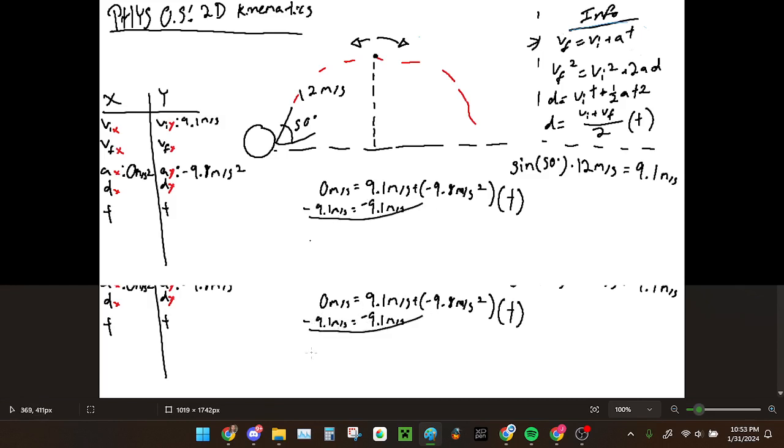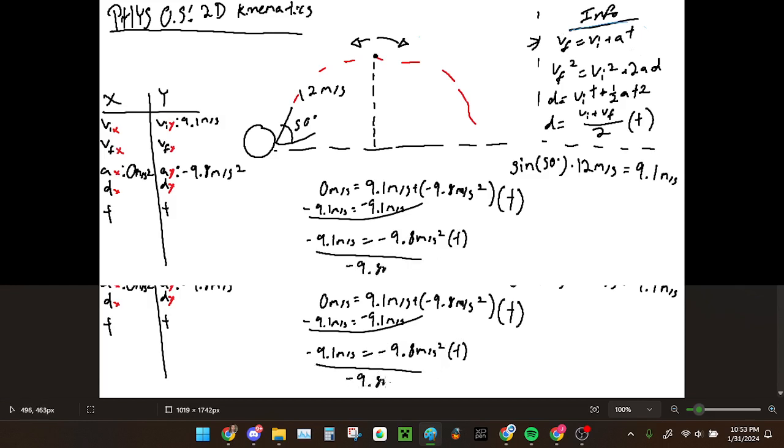There will be negative 9.1 meters per second equal to negative 9.8 meters per second squared times t. Since negative 9.8 is the coefficient of t, we have to divide by negative 9.8 meters per second squared.